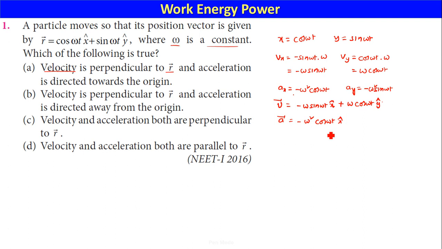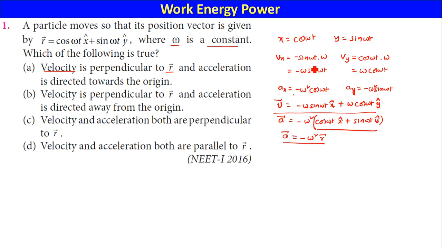So if I take minus ω² common, it will be cos ωt x̂ plus sin ωt ŷ. Is it nothing but the r vector, the position vector actually? So basically, look at this. These are the expressions for the position vector, velocity vector, and acceleration vector. Okay, very good.